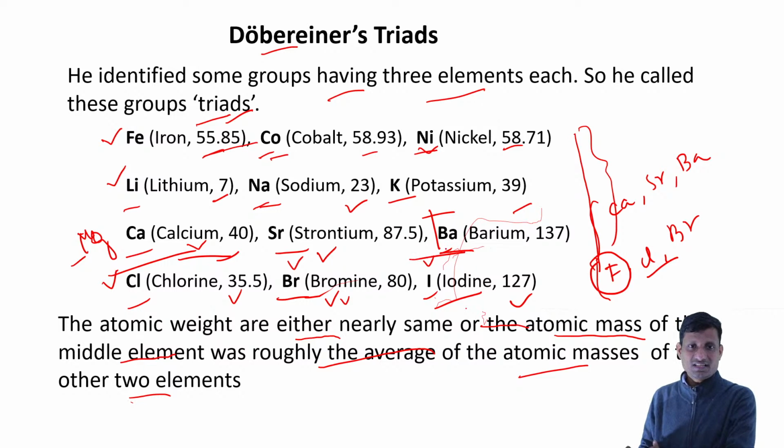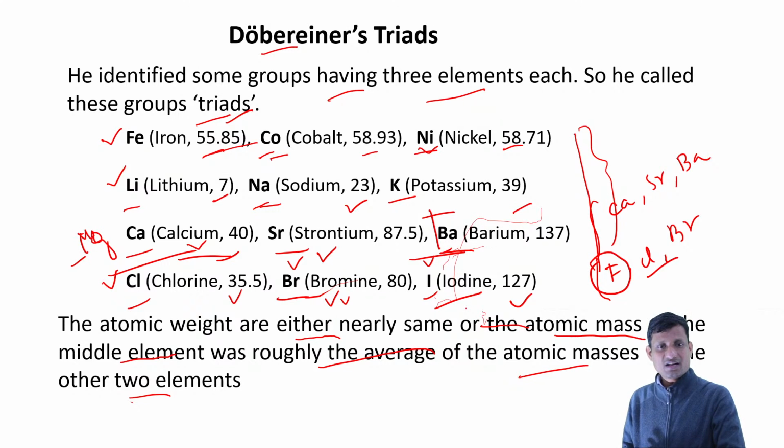The triads are chlorine, bromine, iodine; calcium, strontium, barium; lithium, sodium, potassium; and iron, cobalt, and nickel. What is the basis of the triad? The triads are made based on atomic weight.